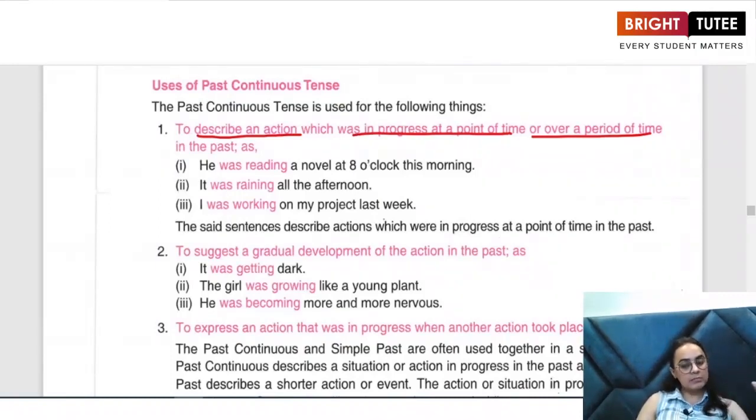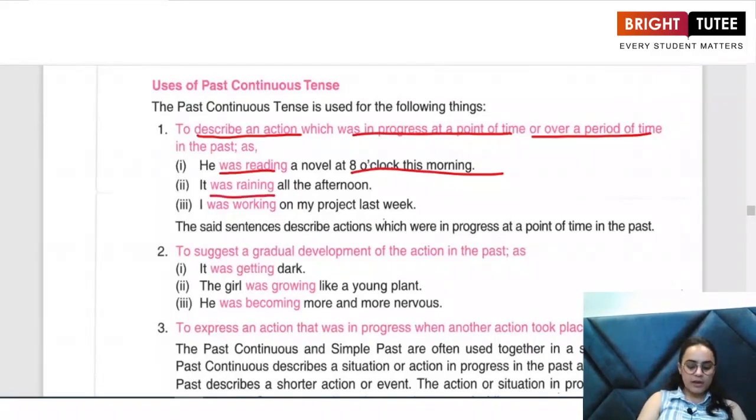At some time or over a period of time in the past. For example, he was reading a novel at 8 o'clock this morning. So it is a thing of the past now. But this action of reading a novel is something which is progressive in nature, which will take time. So he was reading a novel at 8 this morning.